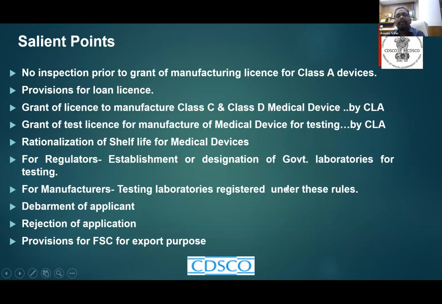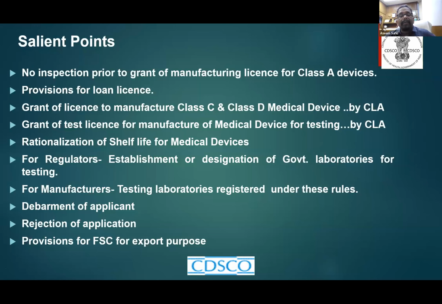For regulators, we have made a provision for the establishment and designation of government laboratories, and under these provisions we have notified 6 central labs, and also for state testing laboratories we have given the provision, and the state licensing authority is also going to notify their state labs for the purpose of testing of medical devices.